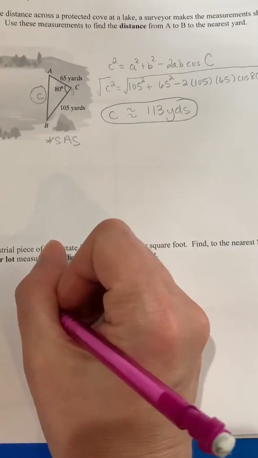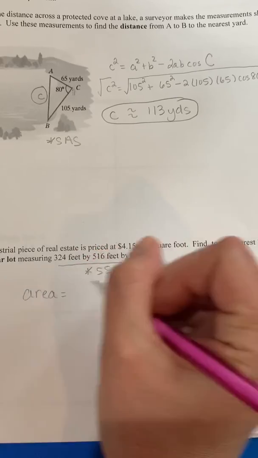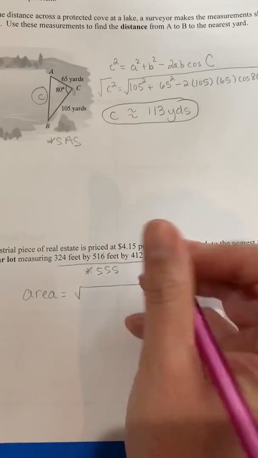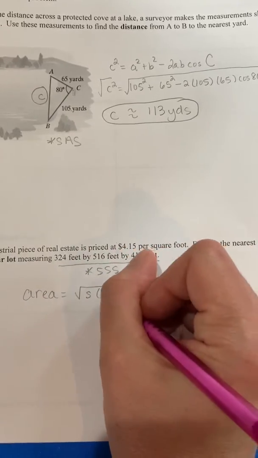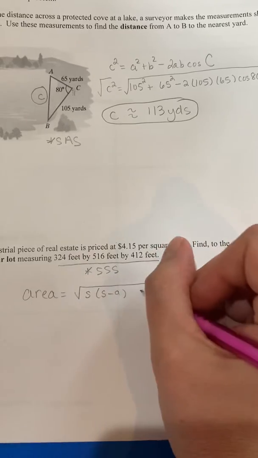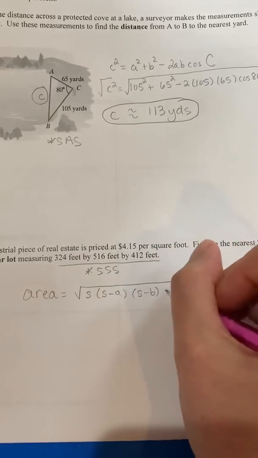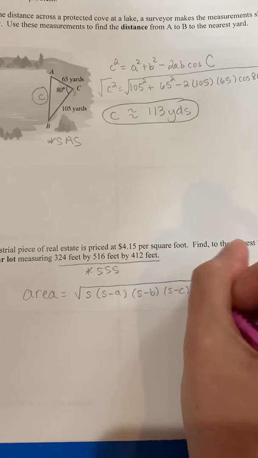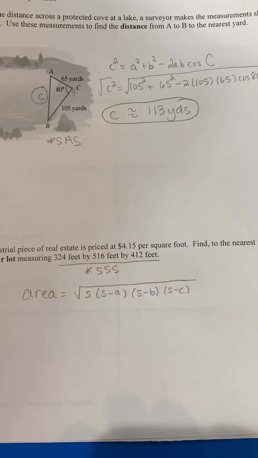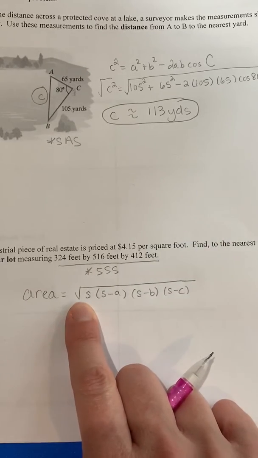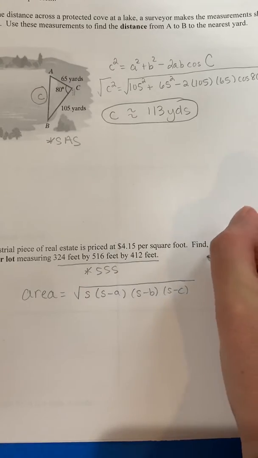The formula we're going to use is the square root of S times S minus A times S minus B times S minus C. Before we get started, remember that S is the semi-perimeter.